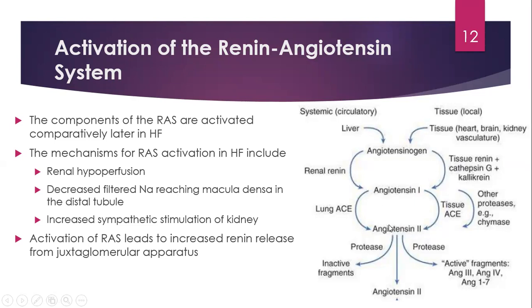So it needs to be further converted to angiotensin 2. So the angiotensin 1 in the circulation is mainly converted to angiotensin 2 by angiotensin converting enzyme secreted by the lungs. Okay, whereas that in the tissue is mainly converted by tissue ACE, okay, and other proteases that can cleave angiotensin 1 to form angiotensin 2.